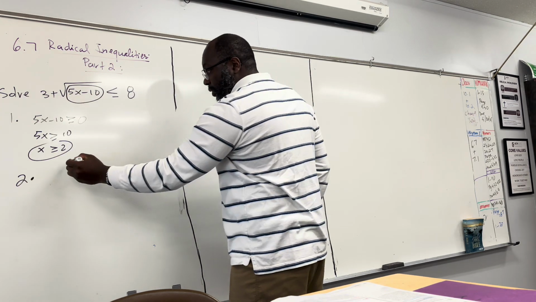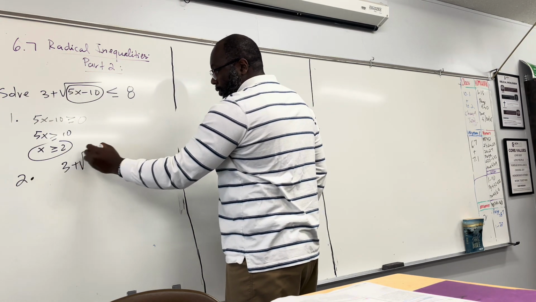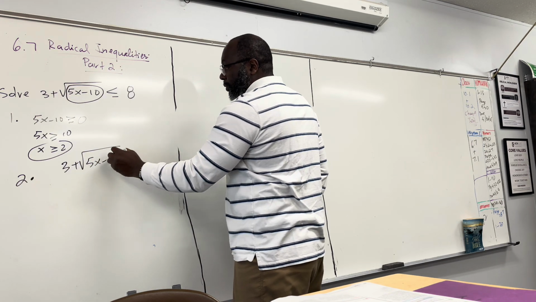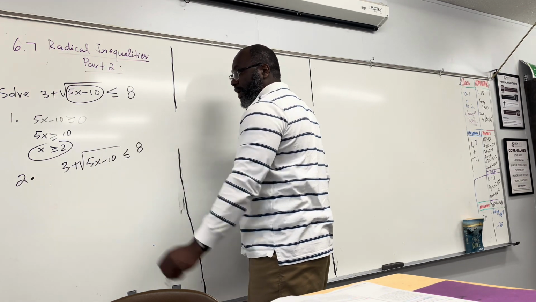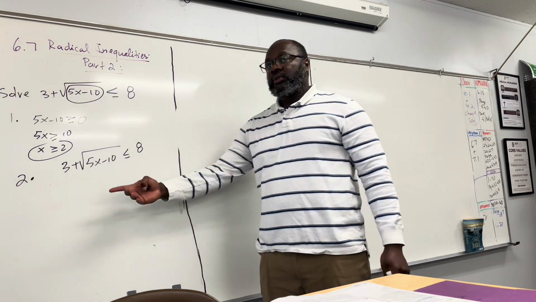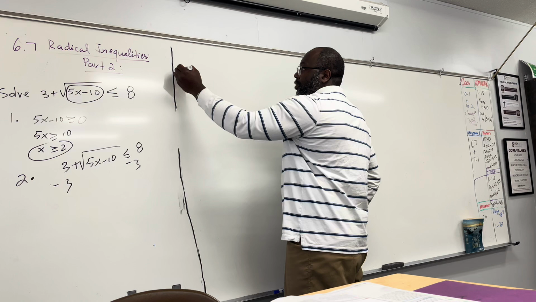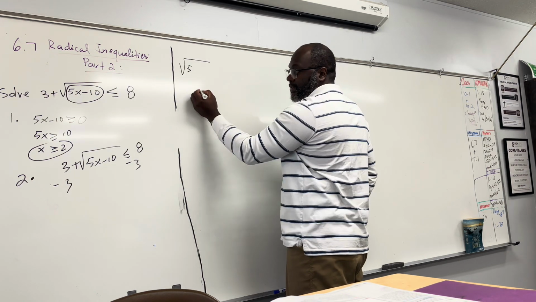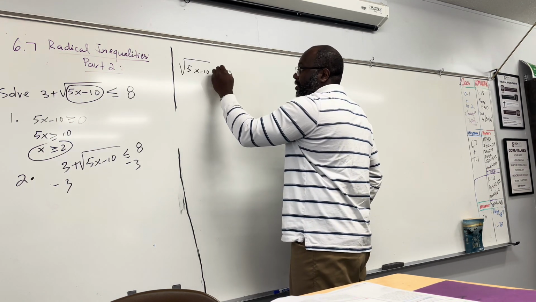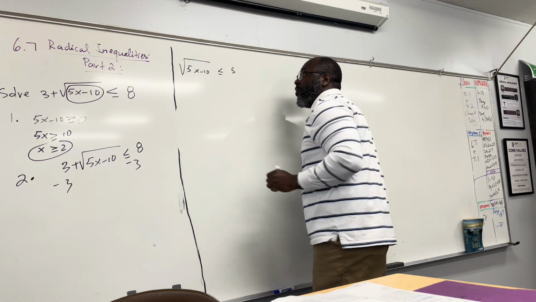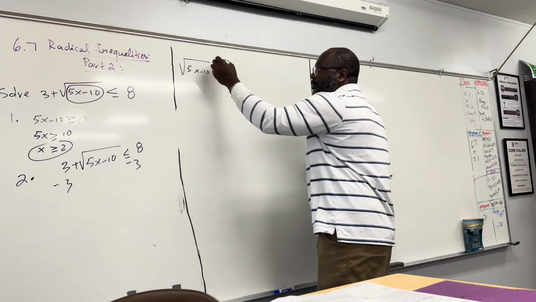So now I have 3 plus the square root of 5x minus 10 is less than or equal to 8. What am I going to do now? Minus 3. So when we subtract 3, we get the square root of 5x minus 10 is less than or equal to 5. And then we square both sides.